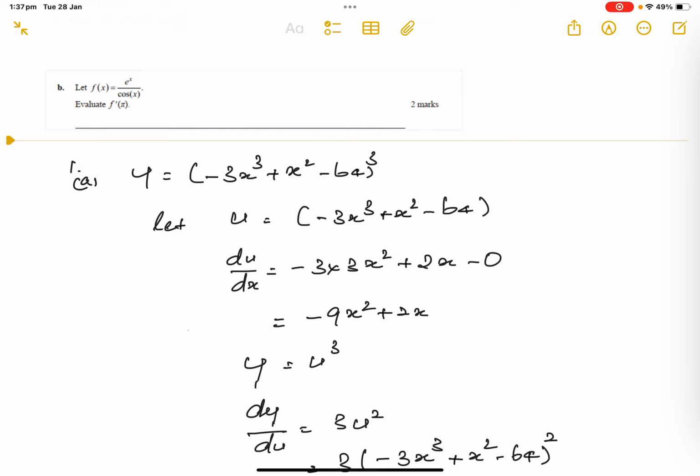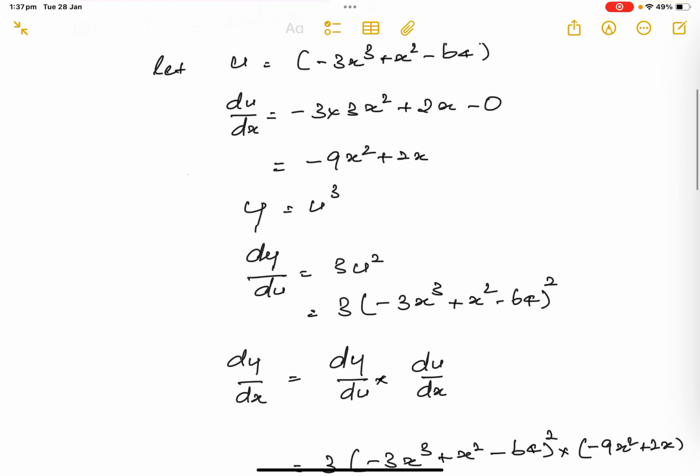Therefore we can differentiate u with respect to x. du over dx equals minus 3, and 3 times x to the power of 2, with the power reduced by 1, plus 2 times x with the power reduced by 1, and 64 is 0. Differentiation of a number or constant is 0. So du over dx equals minus 9x squared plus 2x.